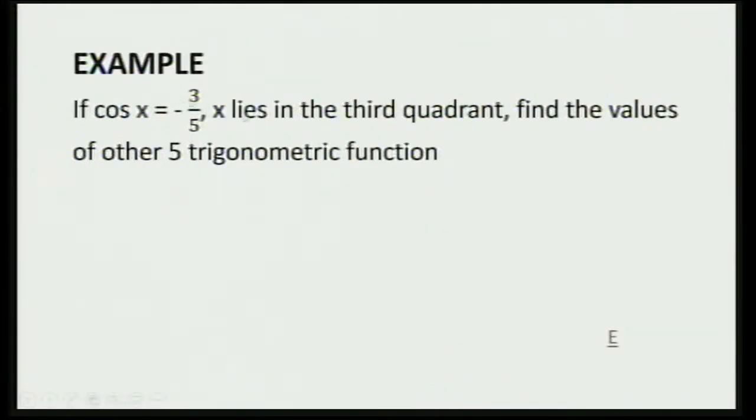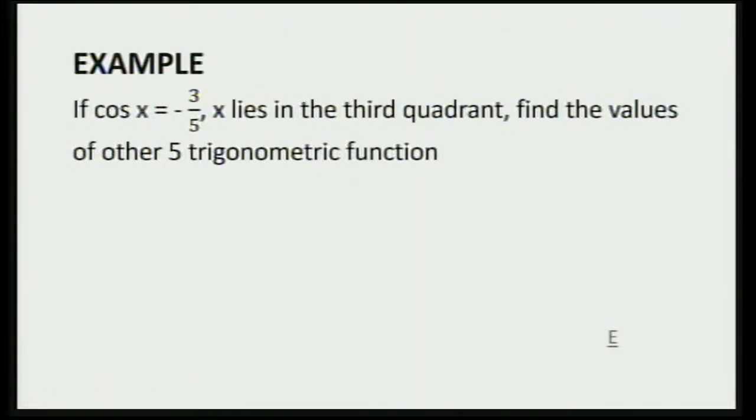So what do you want to find? You want to find the other trigonometric functions. Cos is given, so one trigonometric ratio is given. It is being asked: find sine x, cos x (which is given), tan x, cot x, sec x. I'm just giving a hint to find all the other trigonometric ratios.